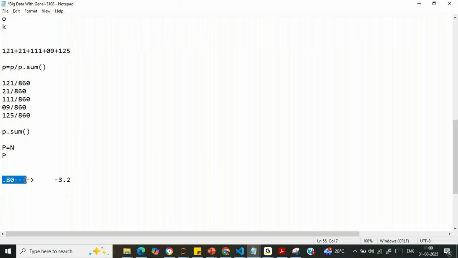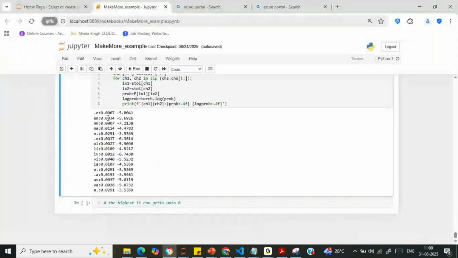This is the outcome I got after applying the log on a particular number. Let me take 0.067 and 0.0007 as examples. 0.067 gives about minus 5, and 0.0007 gives about minus 7.